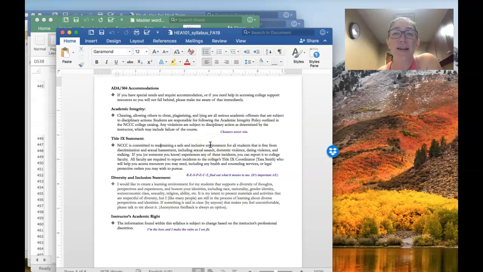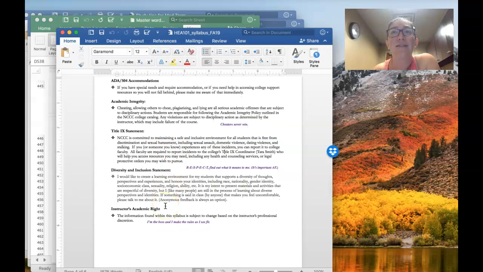So I can do that anonymously, but I do have to report any issues to our Title IX coordinator. But aside from that, I completely respect student privacy. All of our interactions are private, but if you are in danger, I do have to report that to someone for your safety.